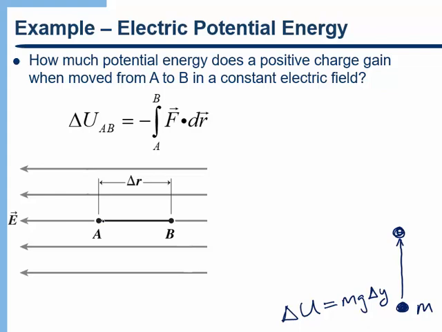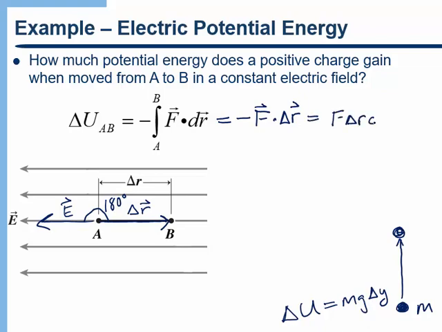So first of all, notice that we want to move opposite the direction of the field. So delta r is a vector in that direction. We can see the electric field is in that direction. So notice the angle between E and delta r is 180 degrees. Since the electric field is constant, I can go back to our simpler definition of work, that it's just the dot product of F and delta r. And so I get F delta r cosine theta.